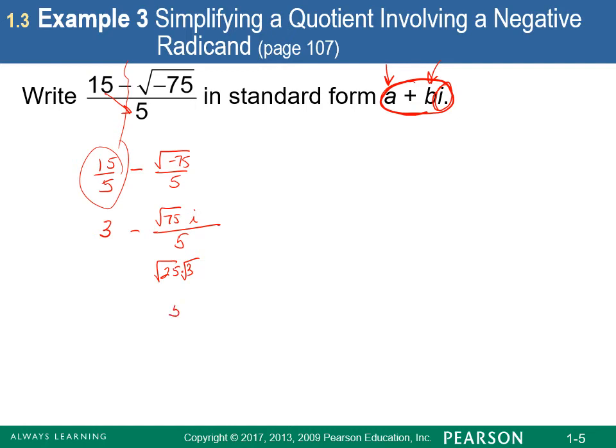So we'd have a 5 square root of 3 i on the top and 5 on the bottom. And now, of course, we can cancel the 5's. So we end up with a 3 minus the square root of 3 i. This is what they were calling the a, and this is what they were calling the b, a plus bi.